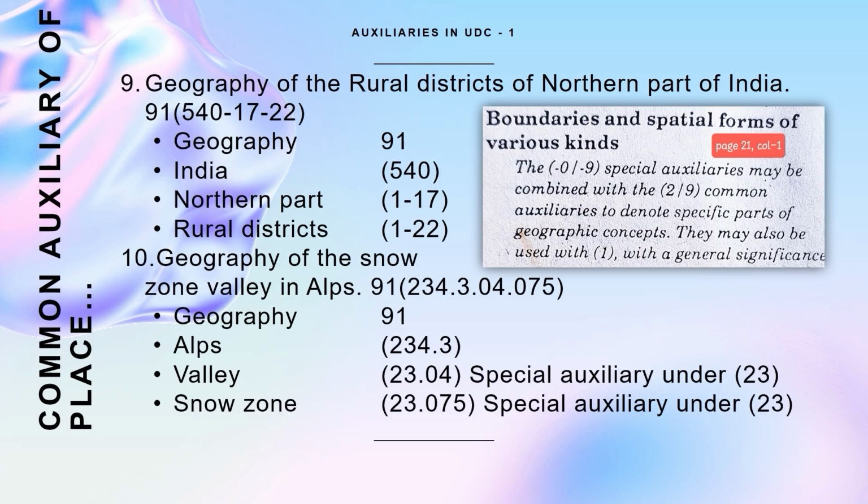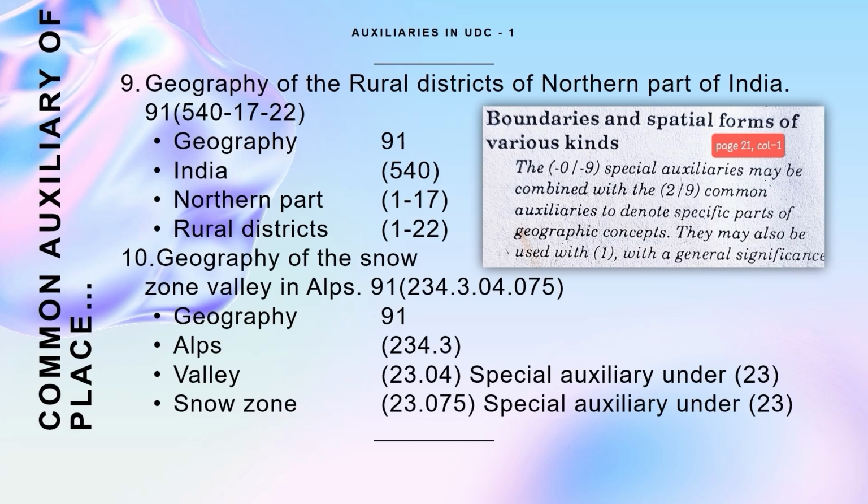In another example, you see geography of the snow zone valley in Alps. So, 9.1 is geography, Alps in within parenthesis 234.3, and you see the valley is 23.04, that is special auxiliary of 23, and snow zone is the special auxiliary of 23, that is 23.075. So, 075 is assigned for snow zone, 04 for valley, and you see Alps is 234.3.